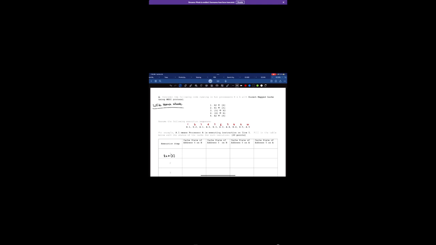All right. So we see we don't have address 6, so we're going to go to main memory and grab it. And the state of address 6 from that is going to be exclusive. Is anyone confused why that's exclusive? It's exclusive because it's not in the cache set, so you grab it from main memory, right?